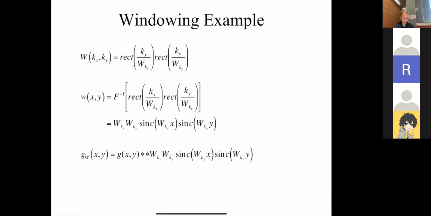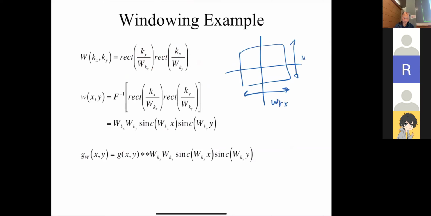Okay, so let's go through the math. In this course, we'll use rect functions, very simple windowing functions: rect of kx over wkx, rect of ky over wky. This just tells me the width of my function, wkx, wky.